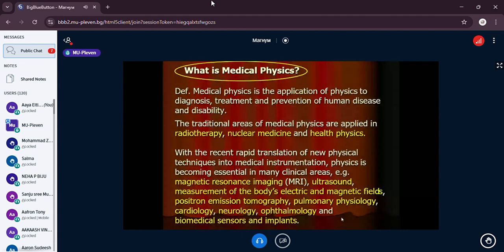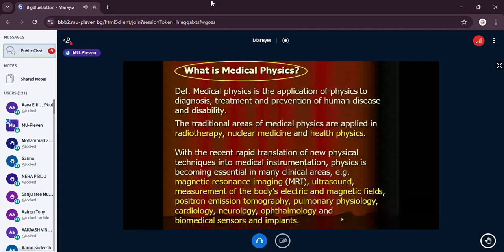And prognostics means also to prevent, if possible, non-desirable situations or outcomes from occurring. Additional areas of medical physics: we've got radiotherapy, nuclear medicine, and health physics.